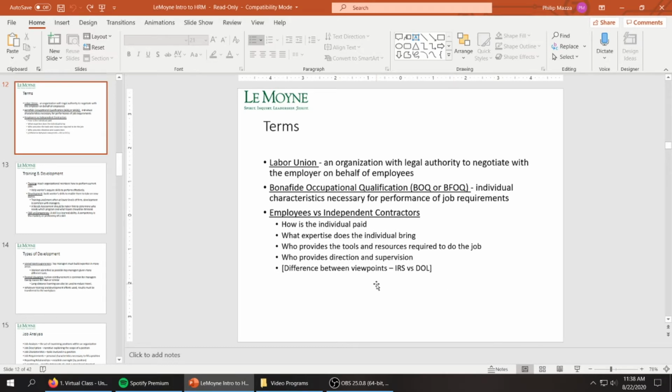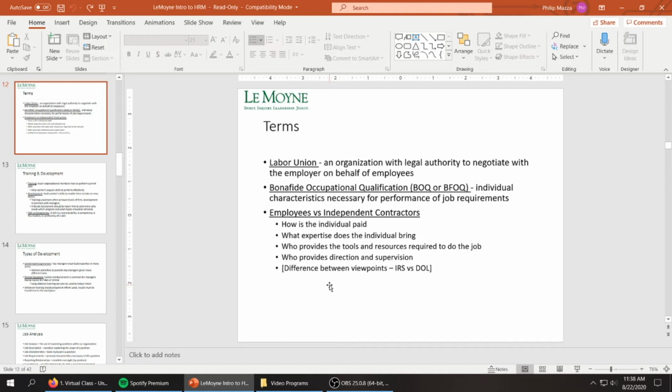From an employee versus independent contractor perspective, really this is the test here. The company and the DOL and IRS will look at these items. At the end of the day, how an individual is paid, who provides expertise to the individual in doing the work, who provides the tools and resources required for the job, who provides supervision and direction, and who pays the person.